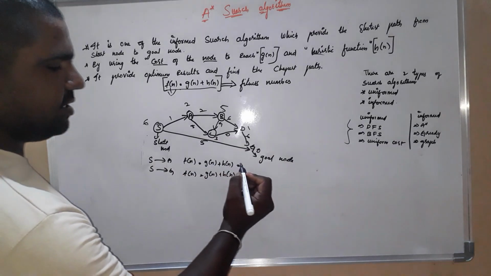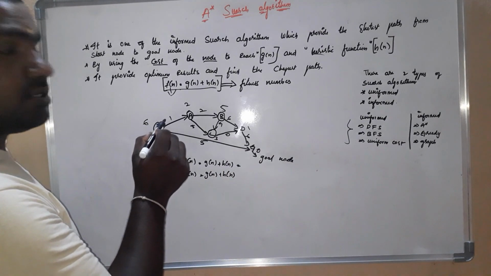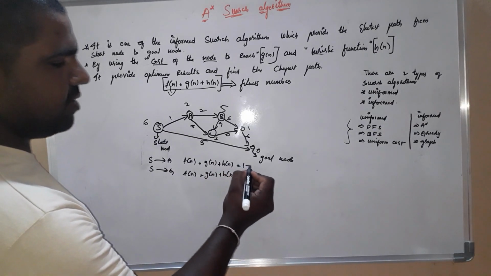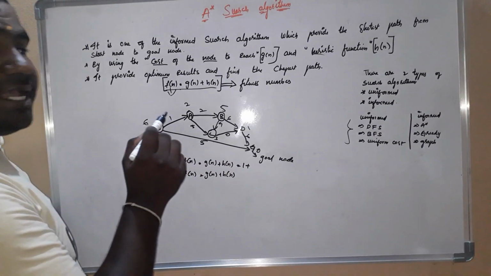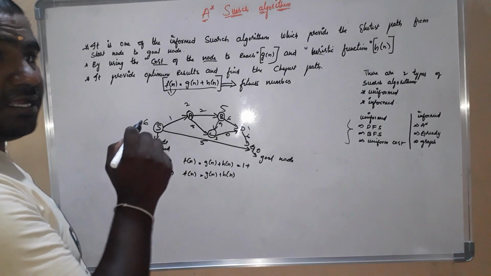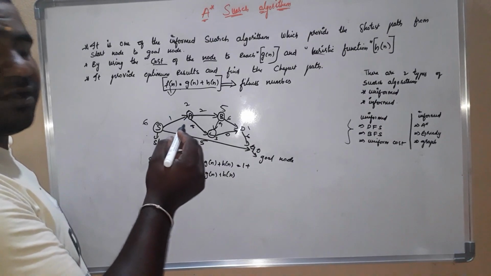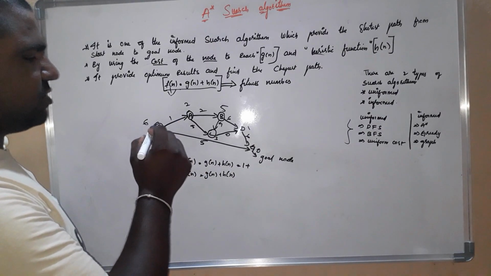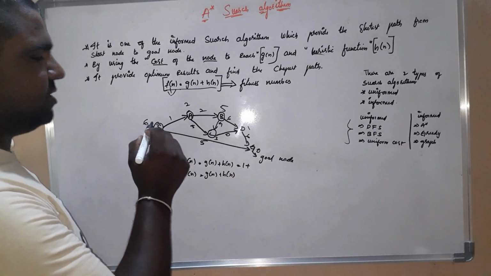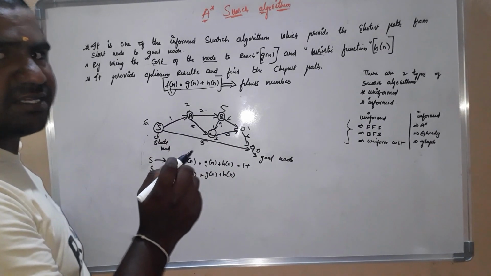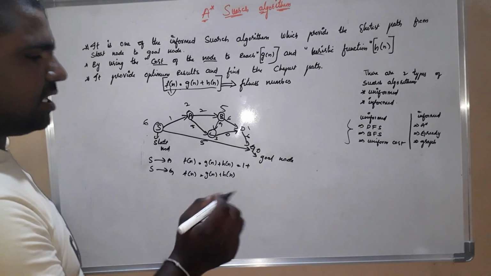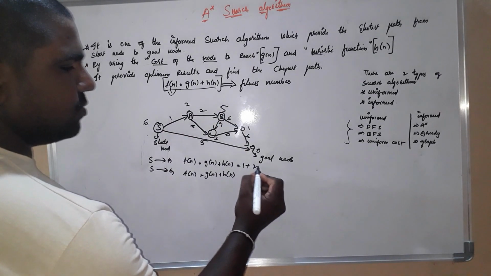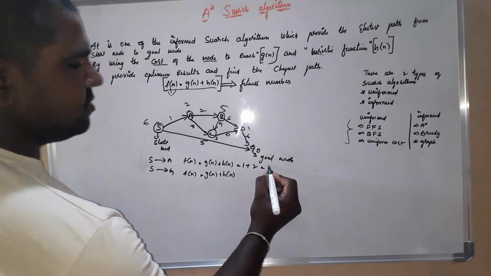Here g of n is the cost, that is S to A 1, plus the heuristic function of the next node from the start node. Here SA means we have to take A. For suppose SAB is the path, then we take the heuristic function of B. Here the heuristic function is 2, that is 2 plus 1 is equal to 3.